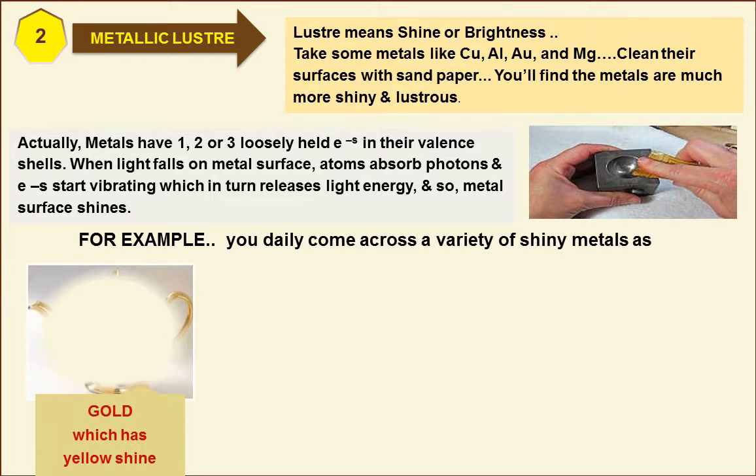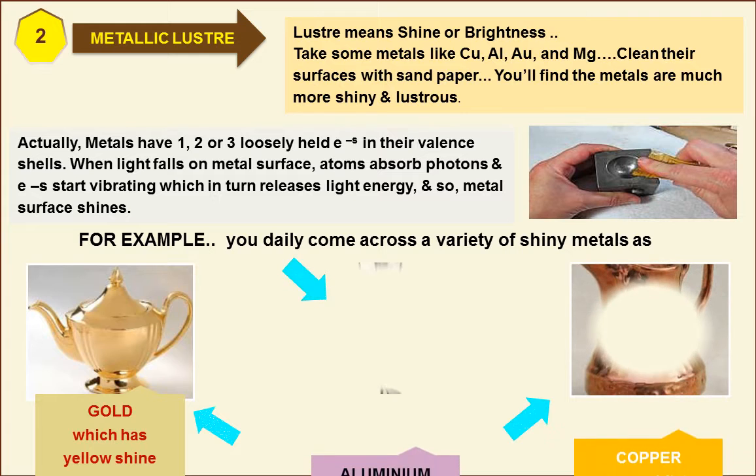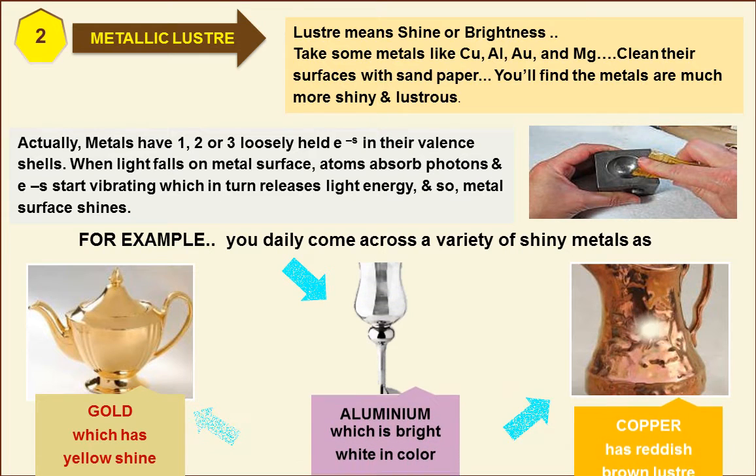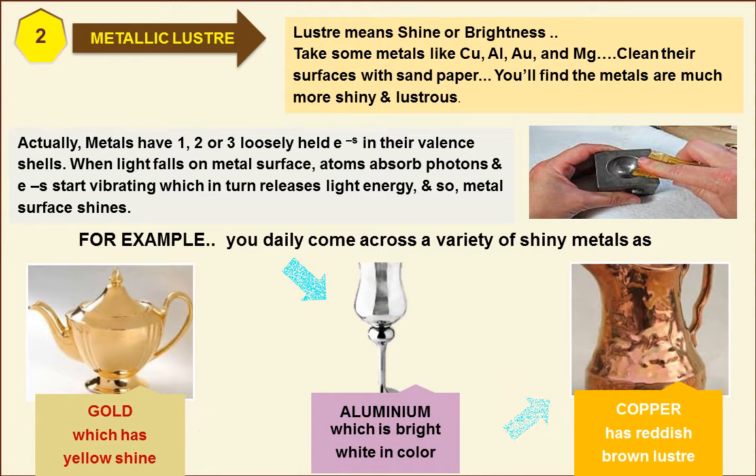You daily come across a variety of shiny metals. For example, gold, which has a yellow luster. Copper has a reddish brown luster. Aluminium is bright white in color.